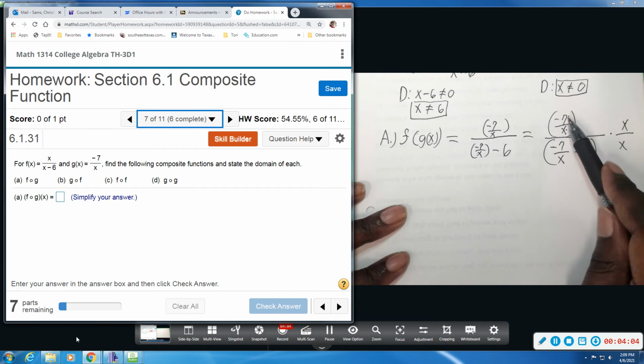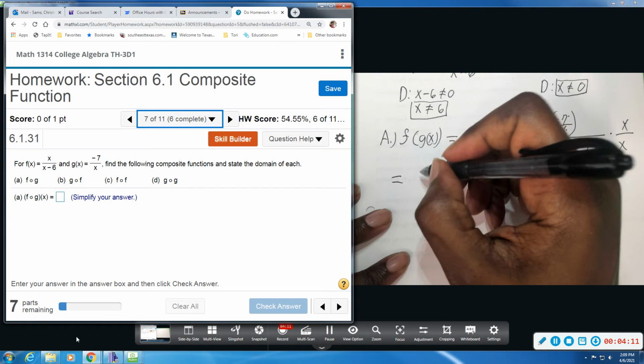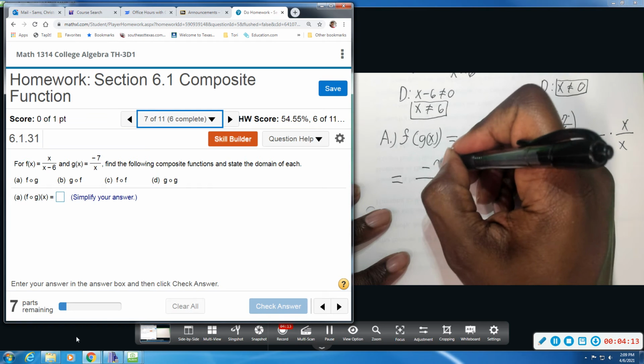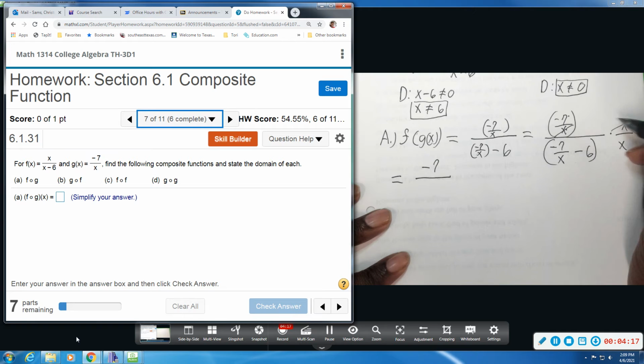So negative 7 times x just cancels out that division by x, and this simplifies to negative 7 on the top. Multiply by something, divide, it cancels out.